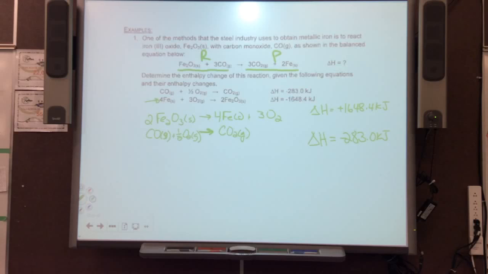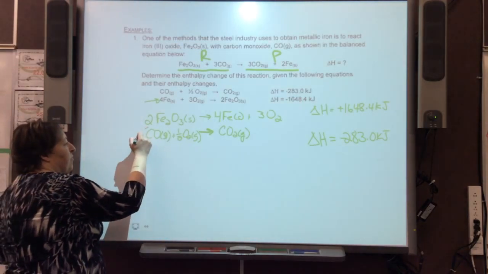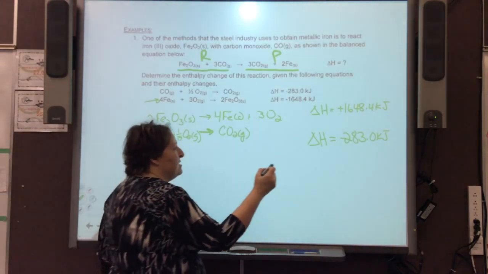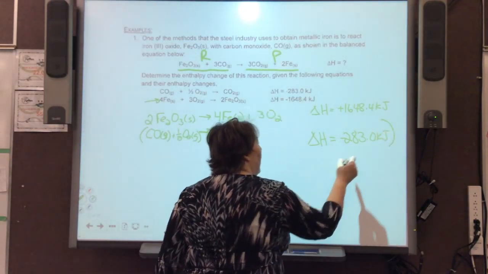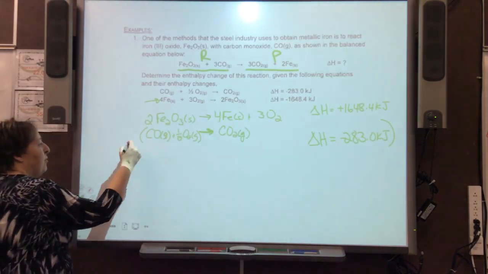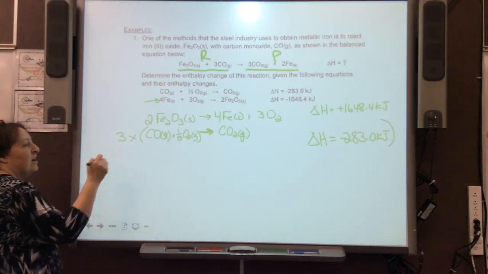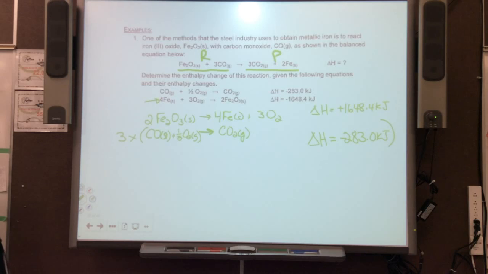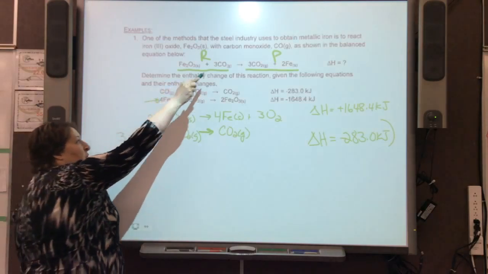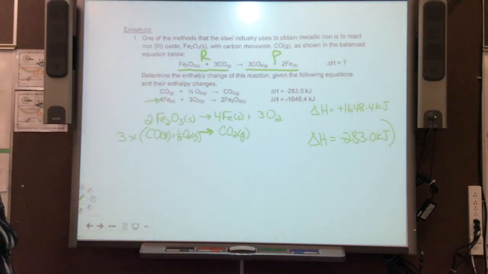So how do we accomplish that? Just straight up math. We want 3 carbon monoxides. Notice I'm multiplying the whole thing out by 3, including the enthalpy, because that enthalpy is for 1 carbon monoxide, and we need 3 carbon monoxides.